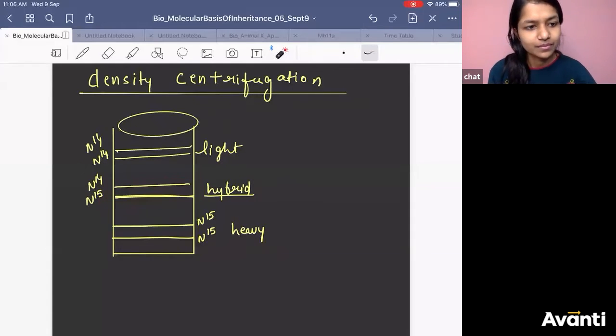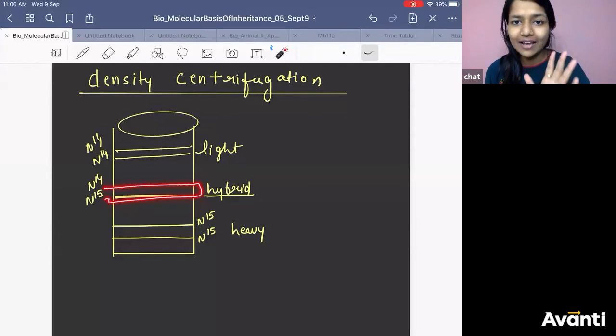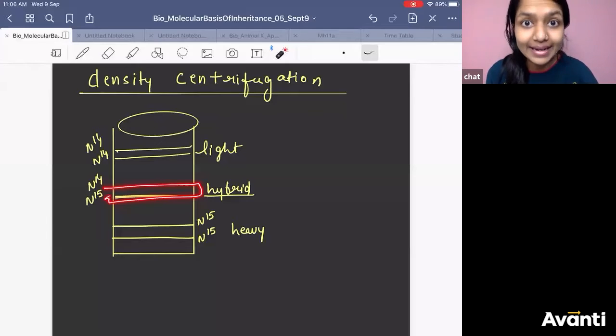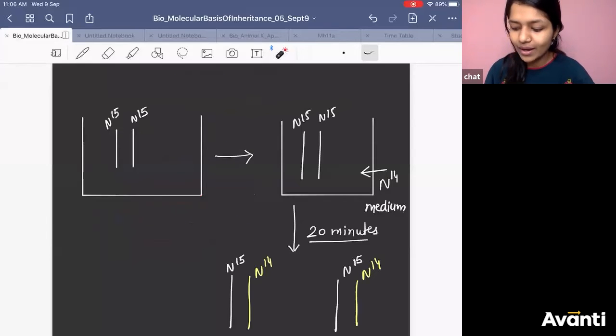Yes or no? Is it getting clear? So when they got the hybrid band, that confirmed that one is heavy, which came from the parent, and one is light, which we gave. And that confirmed the semi-conservative replication of DNA.